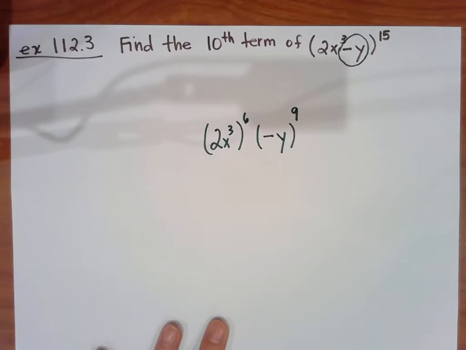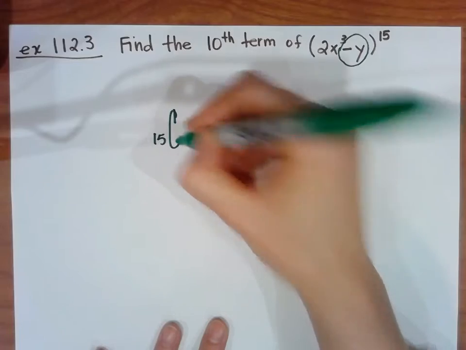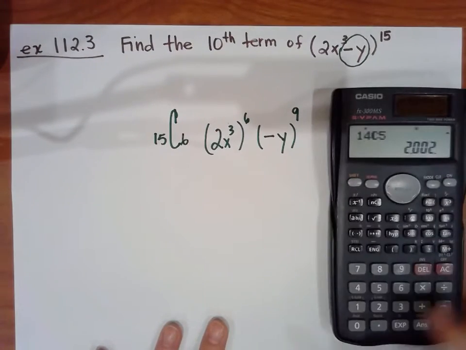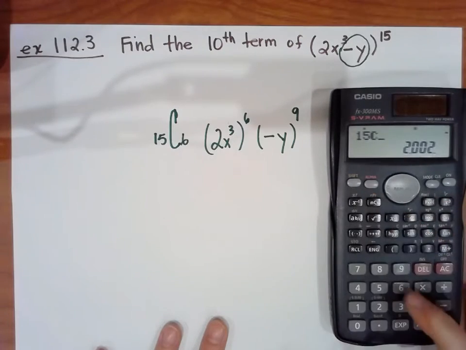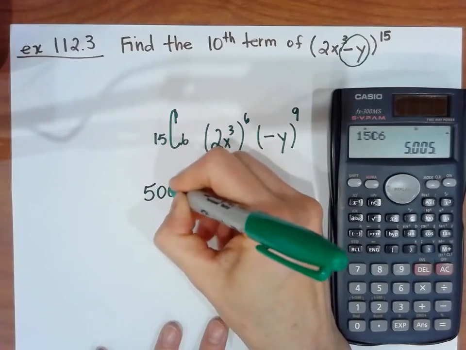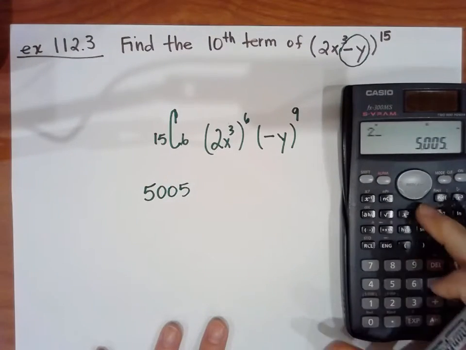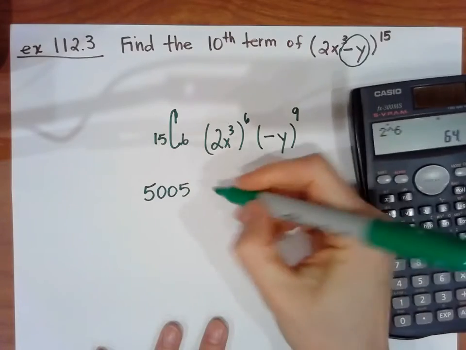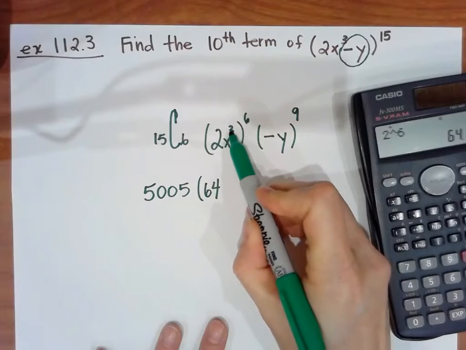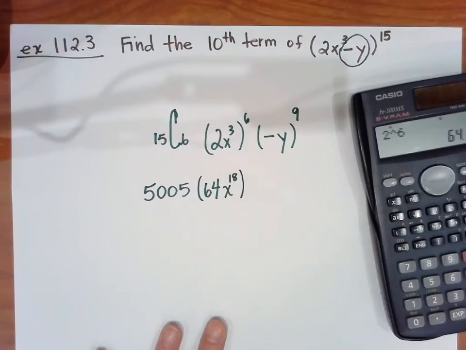And the coefficient in front of all of that is just 15 choose 6. So we've got 15 choose 6 is 5,005. And now we've got 2 to the 6th, which is 64. And then x cubed to the 6th is x to the 18th.